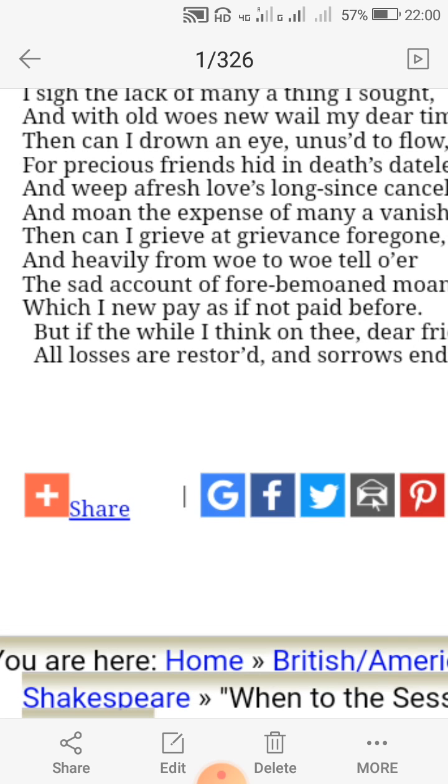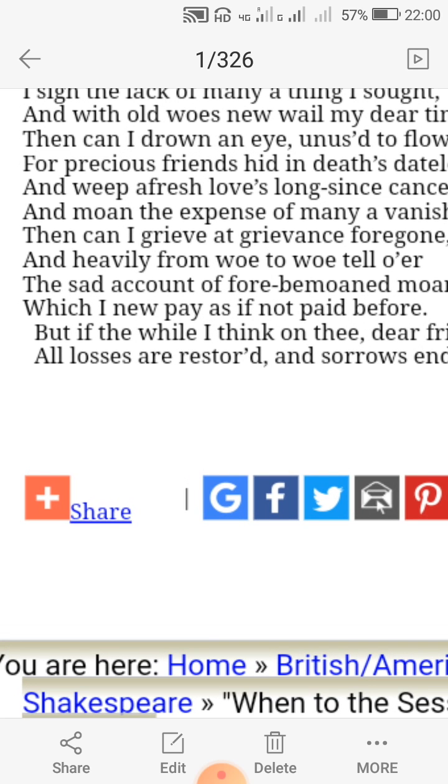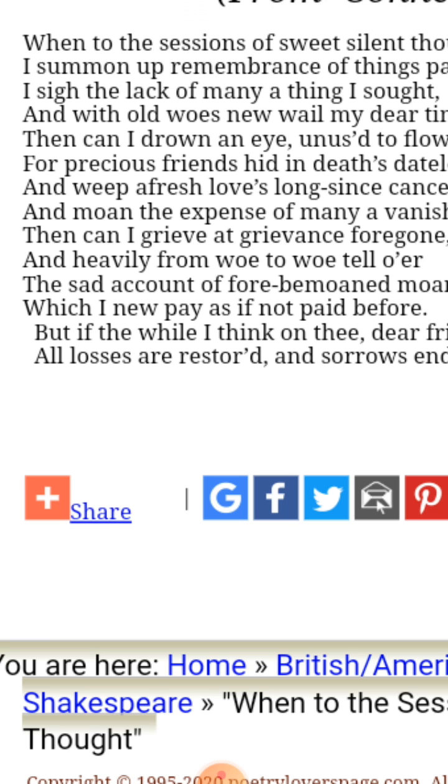He is weeping over his past incidents, just like he has not paid the loan in the past, and now it is high time he has to pay the loan again. So is the case with the sorrows and griefs of the poet, which I new pay as if not paid before.